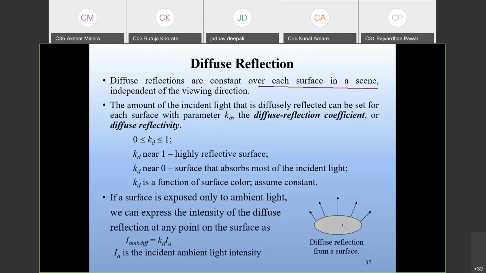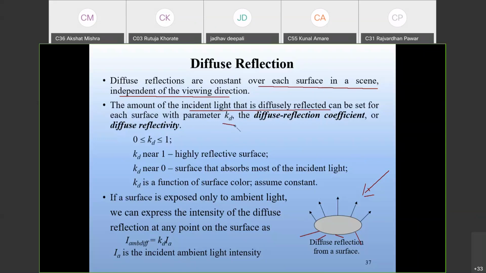If you see any kind of surface, it is constant and independent of the viewing direction, meaning in whichever direction we see that object, it is independent of that viewing direction. The amount of incident light that is diffusely reflected can be set for each surface with the parameter Kd. Previously we used Ka as the parameter for ambient light reflection.